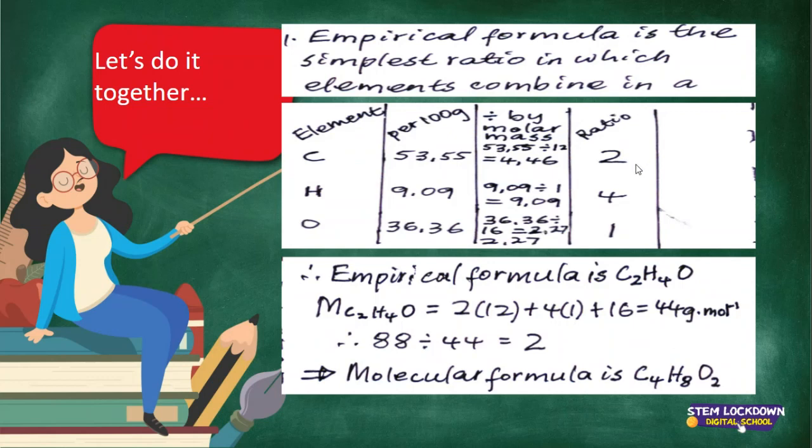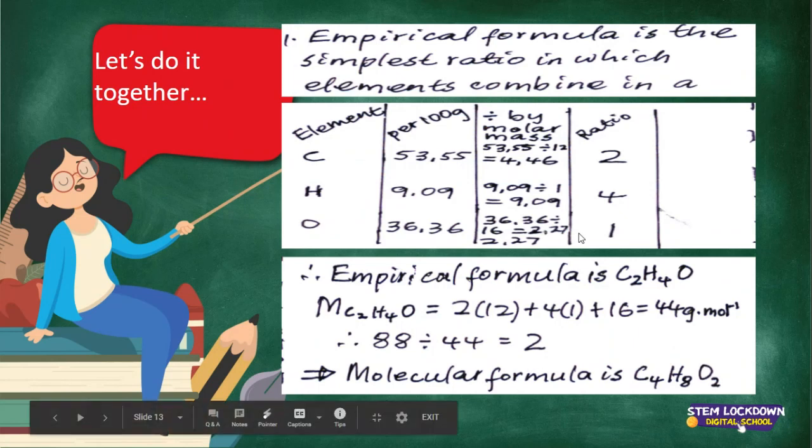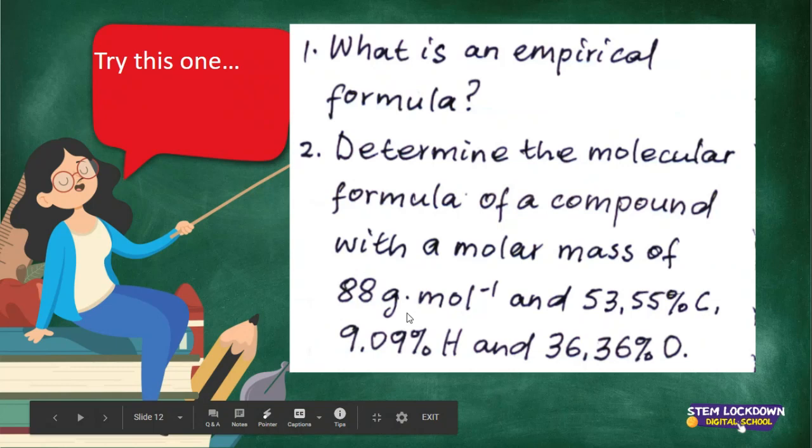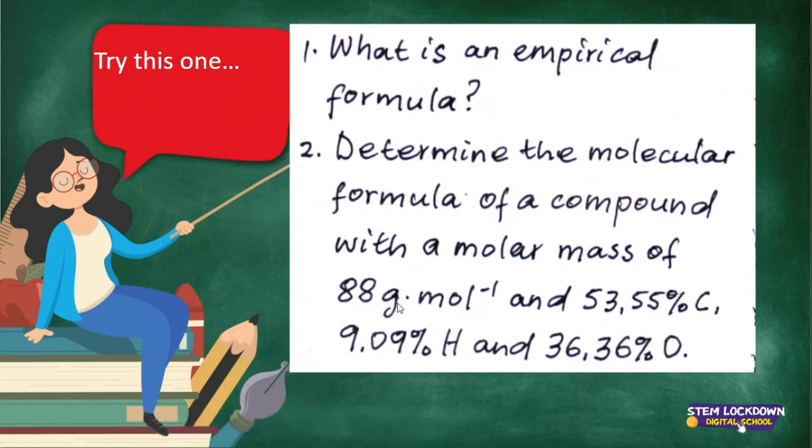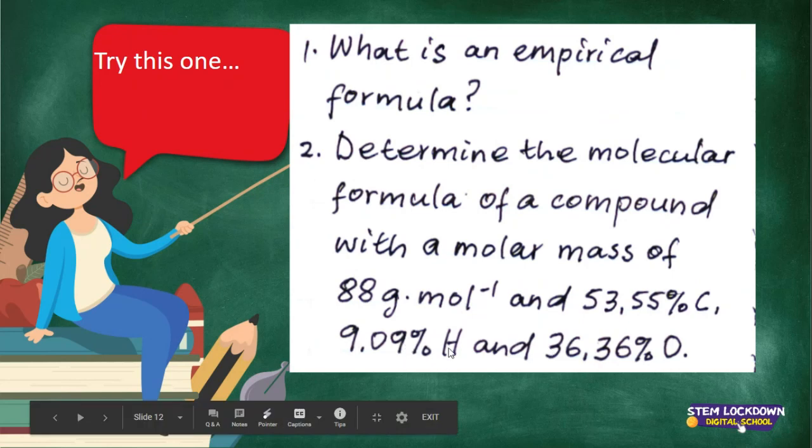Then we are asked to determine the molecular formula of a compound with this molar mass of 88 grams per mole and 53.55% of carbon, 9.09% of hydrogen and 36.36% of oxygen.